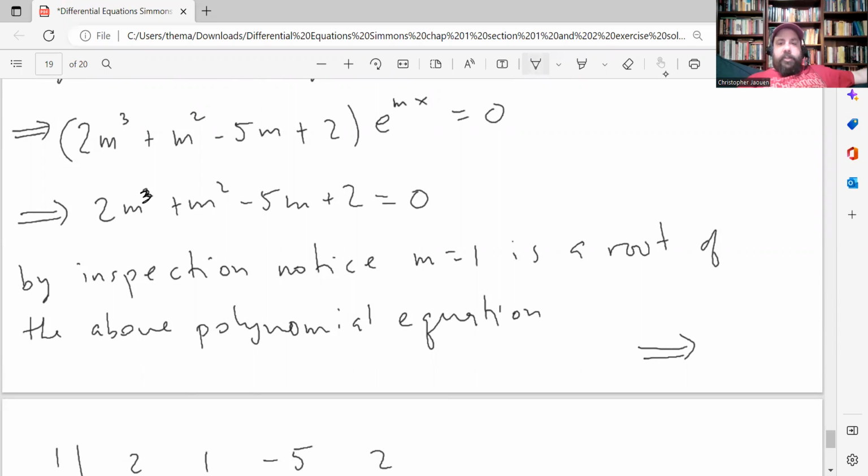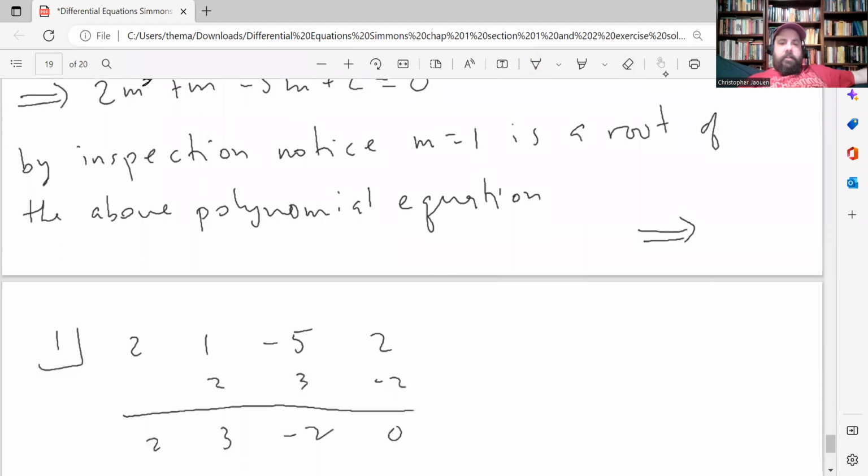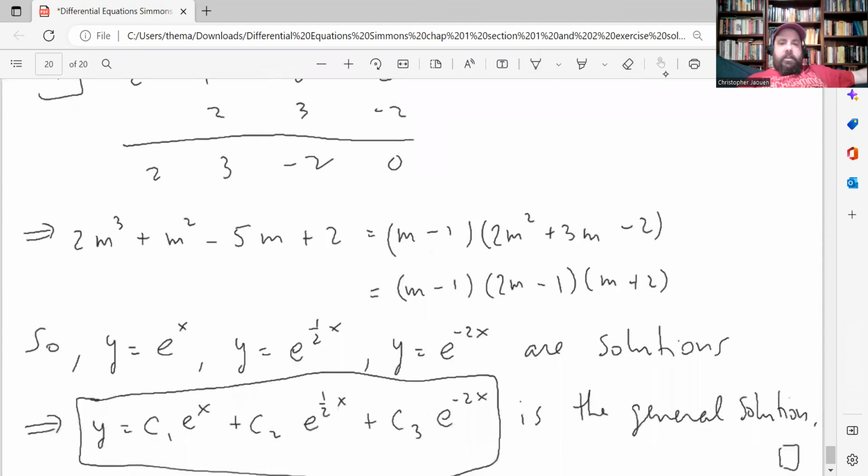If you look at the coefficients, 2 plus 1 minus 5 plus 2 is 0. So that means that m equals 1 is a root of that polynomial, or in other words, it's a solution to that equation. And we can use that fact and synthetic division to figure out what the other quadratic factor is. So here I'm using synthetic division. We have the factor of m minus 1.